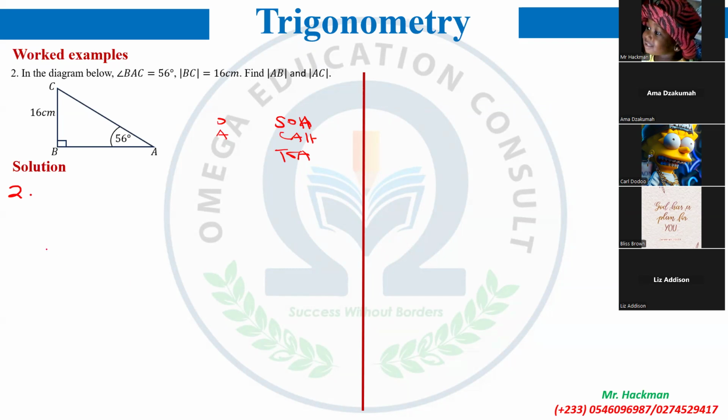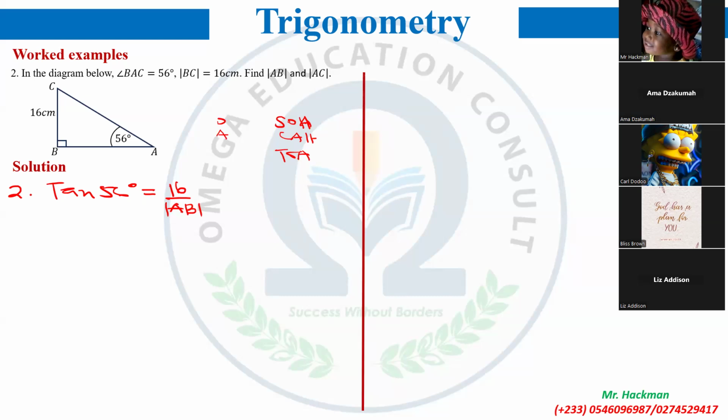So tan 56 degrees is equal to the magnitude of 16 over the magnitude of BA, which is AB. The magnitude is the same thing.